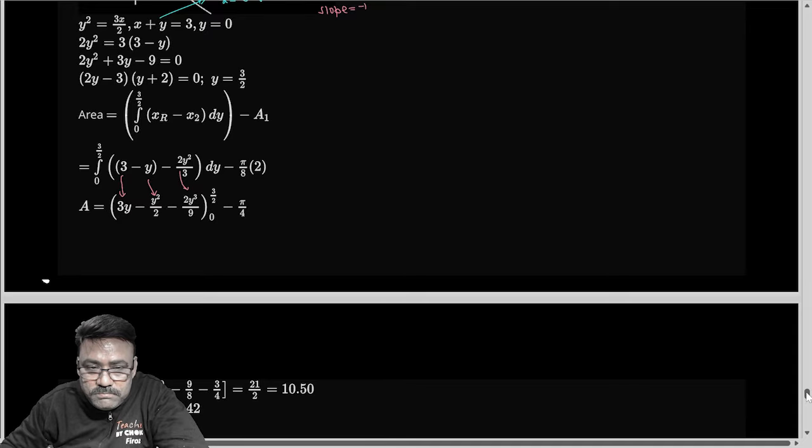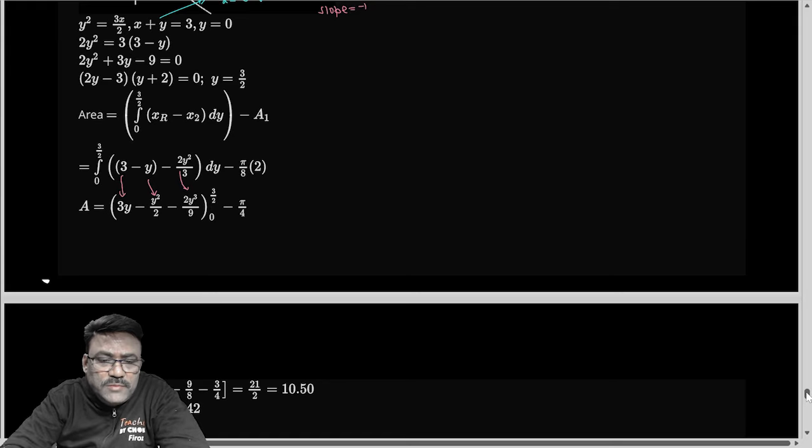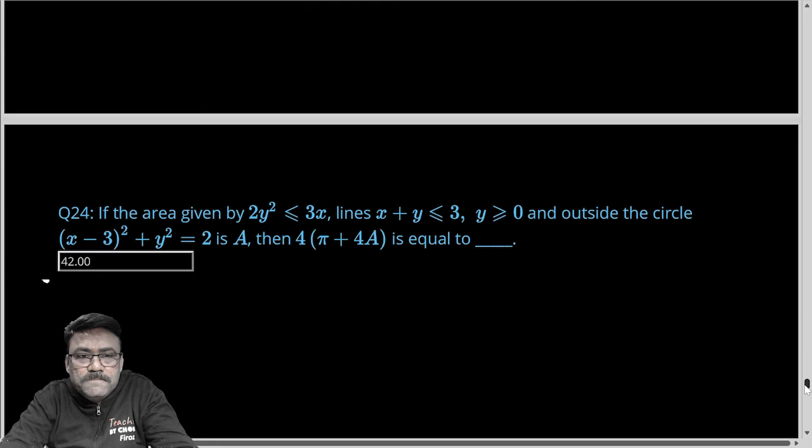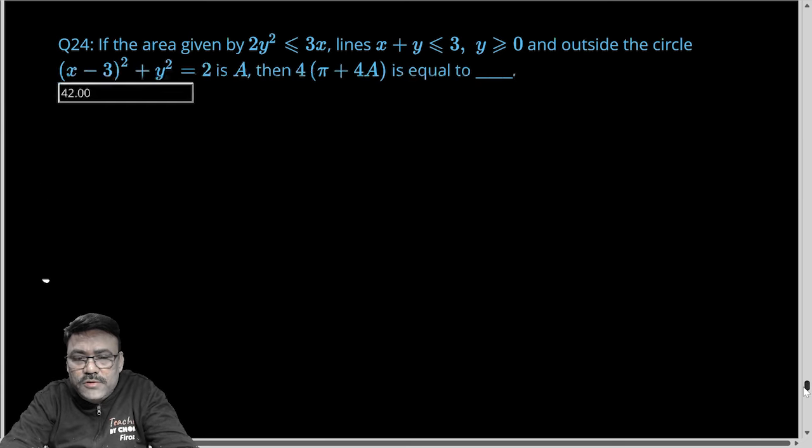Substitute that and arrange, you will get 4a plus pi is equal to 10.5. I think they should have asked for 4 times (4a plus pi). It is 4 actually here. Yes, 4 times (4a plus pi) will be 42.